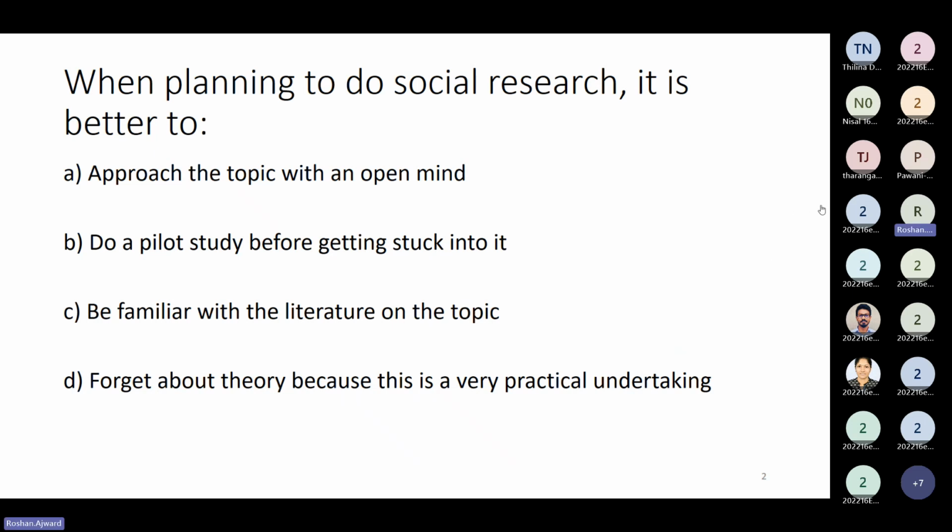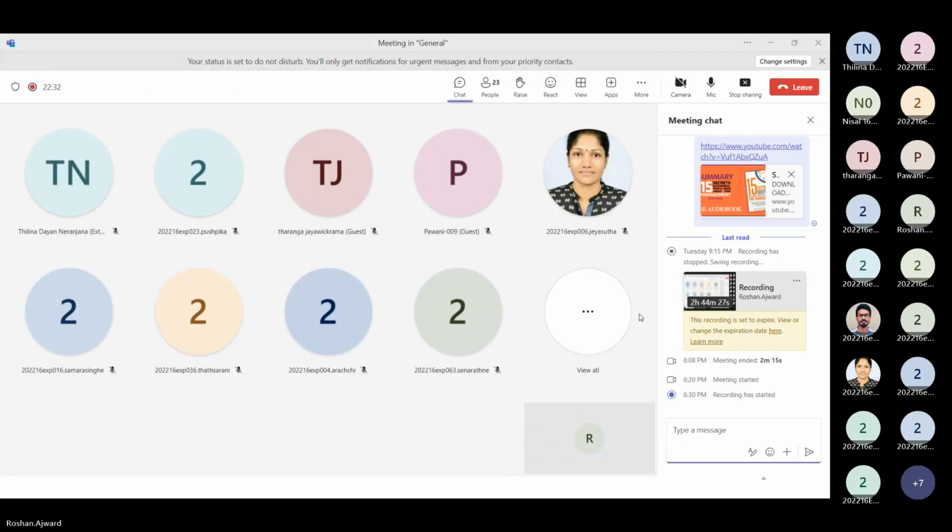Diane is not the answer. Why is that? Then we have Pushpika. I'm sorry, last time also, I think you answered that question. Excuse me, sir, the answer is C. Yes, Pushpika.